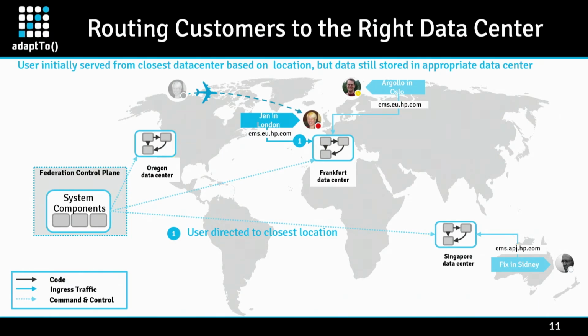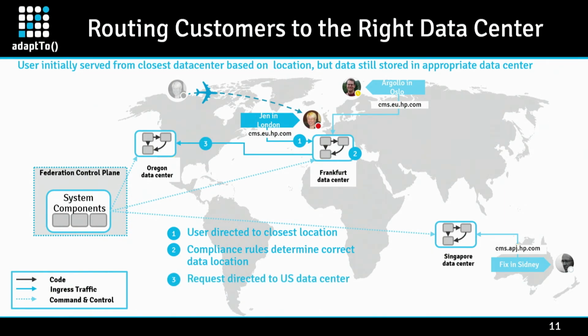So the GeoDNS redirects her request to the Europe data center. But through the compliance rules, we locate where her data is actually stored, so her request is directed to the US data center.